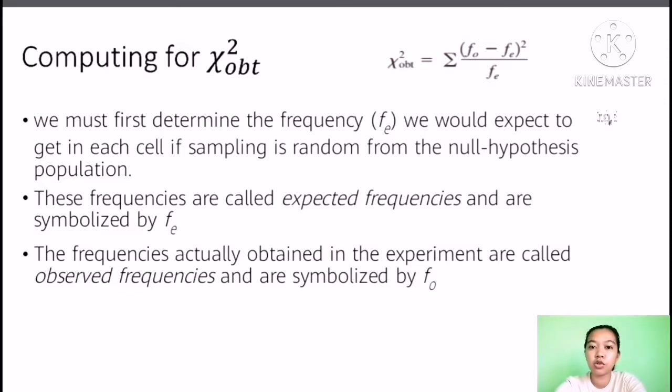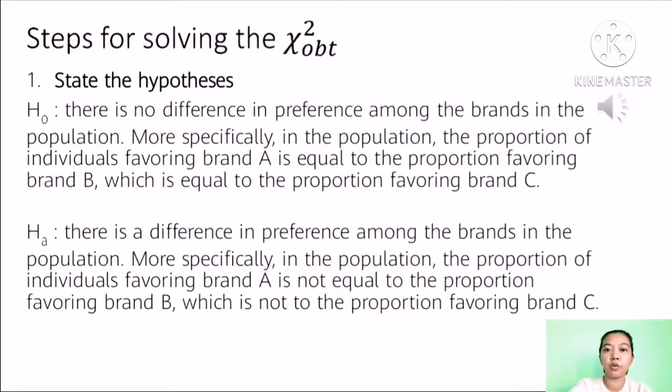The closer the observed frequency of each cell is to the expected frequency for that cell, the more reasonable the null hypothesis becomes. The greater the difference between the observed and the expected frequency is, the more reasonable the alternative hypothesis becomes.